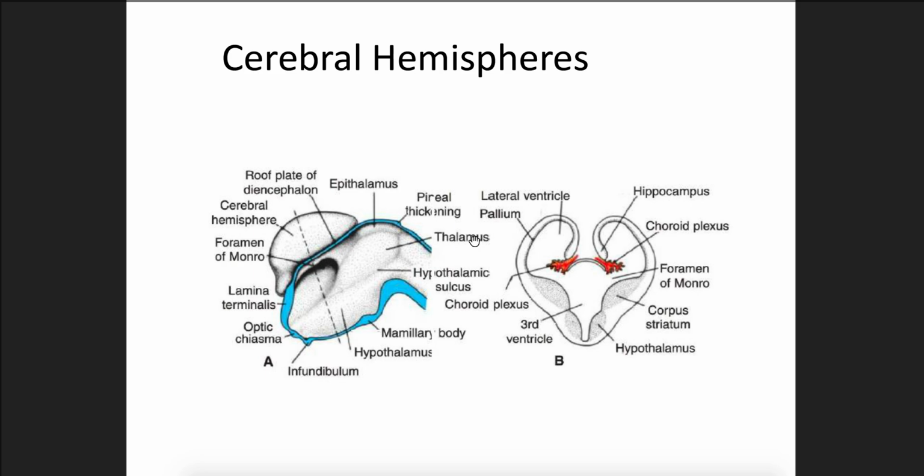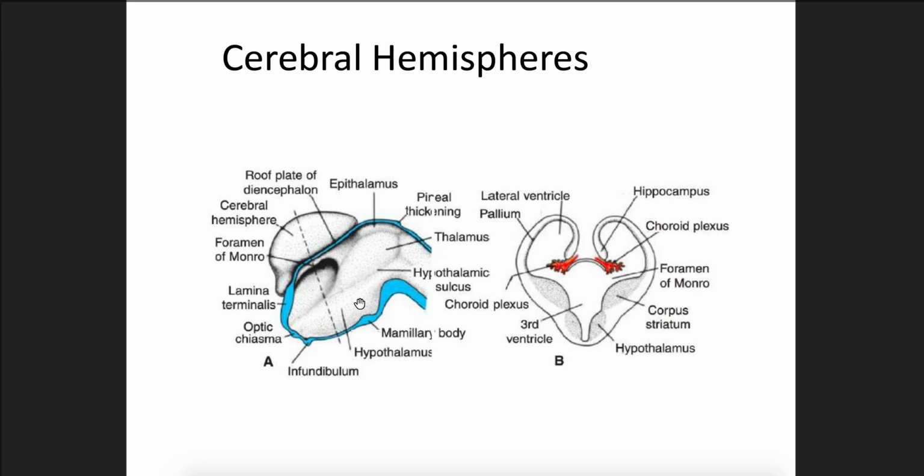Now, before I explain this diagram, I just want you to follow this blue line here like this. This entire area is the diencephalon, the thalamus, the hypothalamic sulcus, pineal thickening, and other structures like epithalamus.